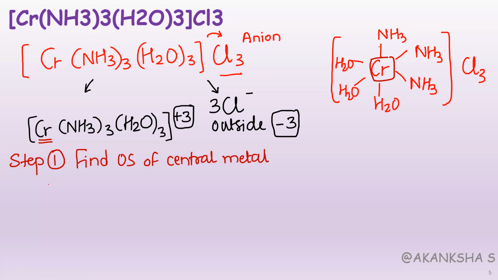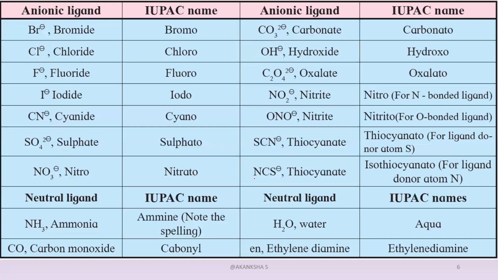It's pretty easy. If you have followed other lectures, you'll always know. We have 1 chromium. We have 3 NH3, and we have 3 water. And the total charge outside is +3. Let's see over here. We can find NH3, we can find H2O, and both of them are neutral.